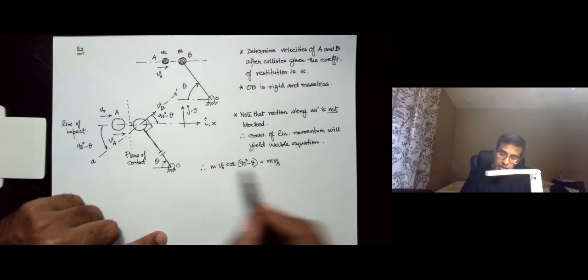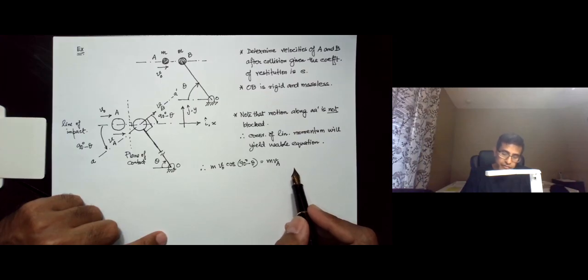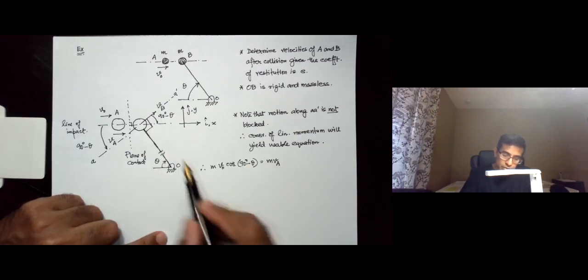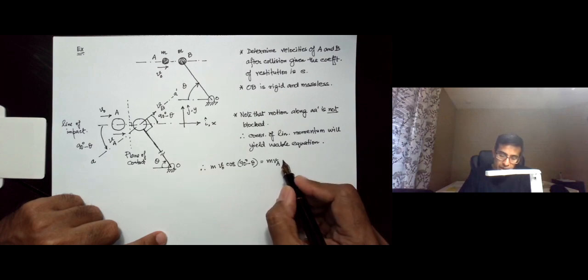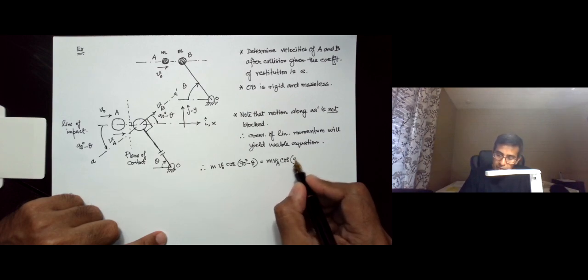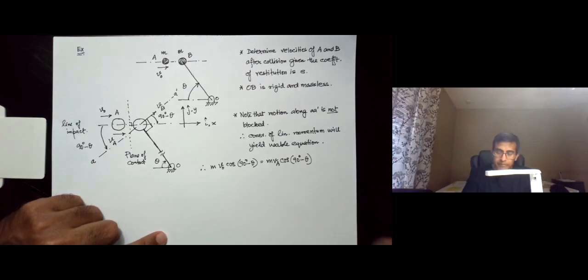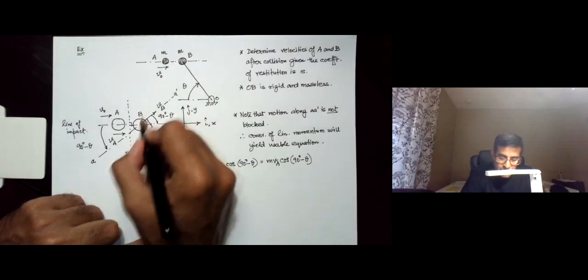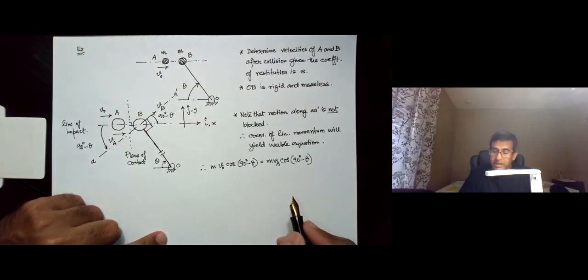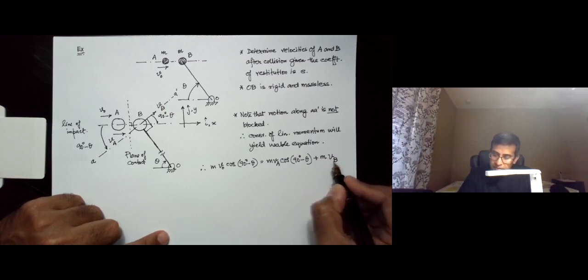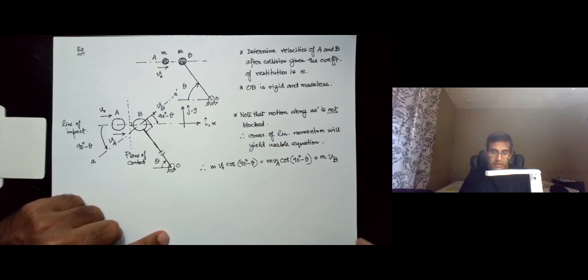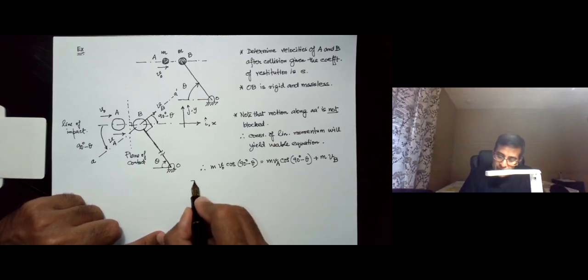However, keep in mind that we are writing the conservation of linear momentum equation along A prime, so we need to take the component of that along A prime, which is obtained by multiplying by cosine 90 minus theta. And B is going to exclusively move in the A prime direction, so the equation will have m times Vb, no components, because Vb is directly in the A prime direction.